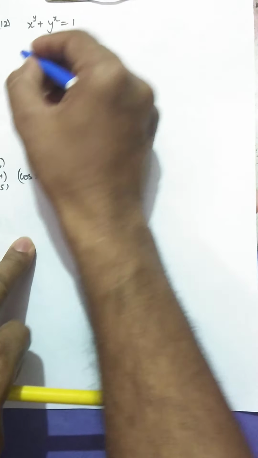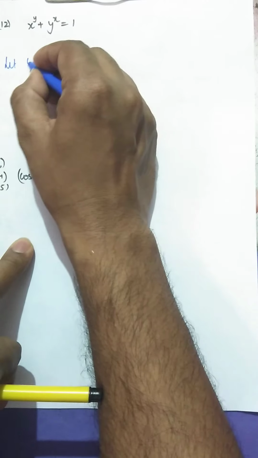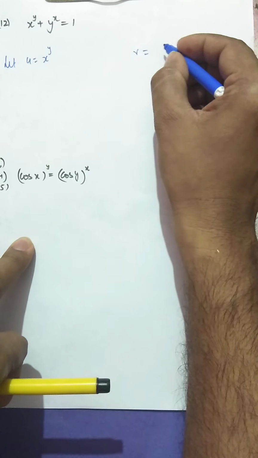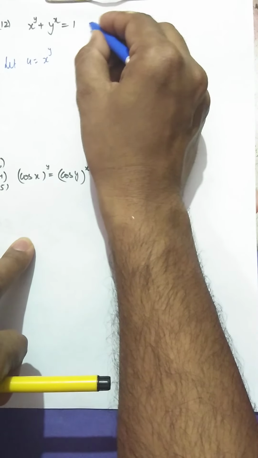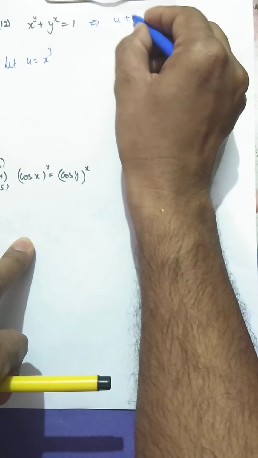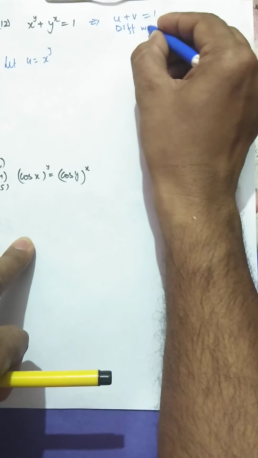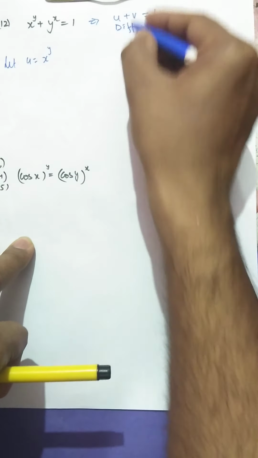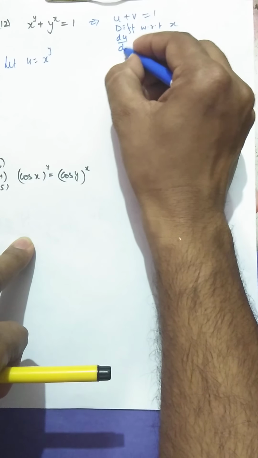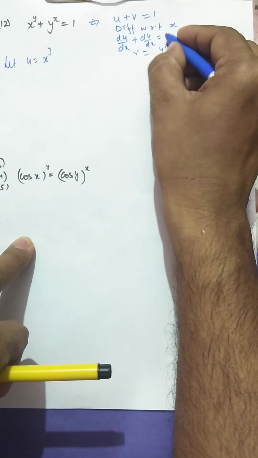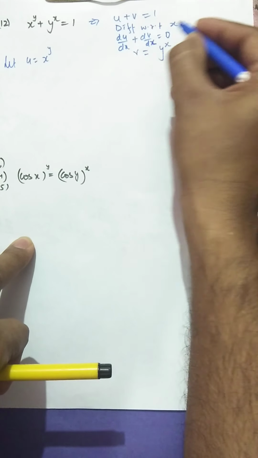So we cannot use log on both sides here, so we have to take this again as u and v. Let u equal x exponent y and we'll take v as y exponent x. This means u plus v equal to 1. Now if we differentiate with respect to x, then this will become du upon dx plus dv upon dx, and this is equal to 0 because the derivative of a constant is 0.